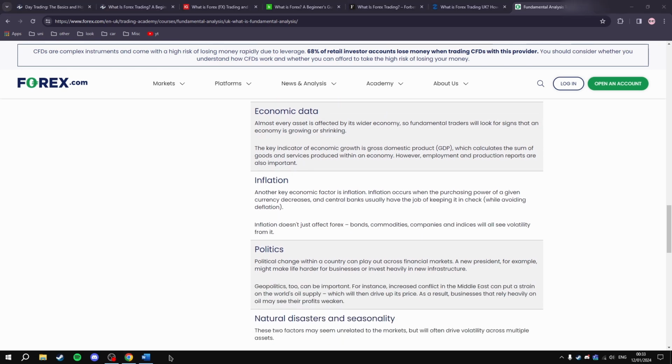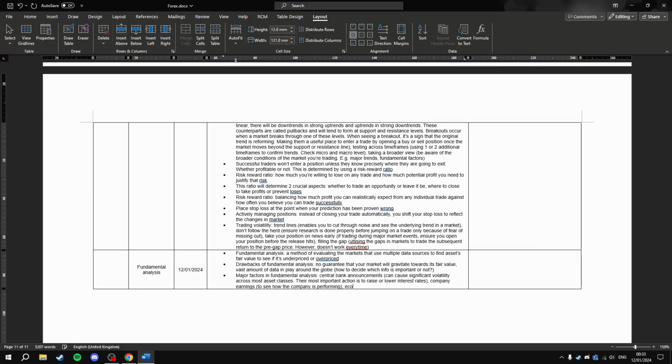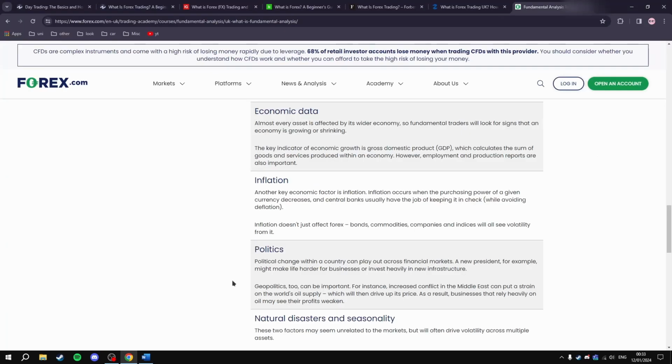Economic data. Almost every asset is affected by its wider economy, so fundamental traders will look for signs that an economy is growing or shrinking. The key indicator of economic growth is gross domestic product, which calculates the sum of goods and services produced within a country's economy.